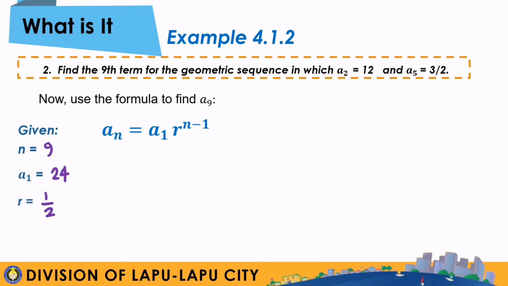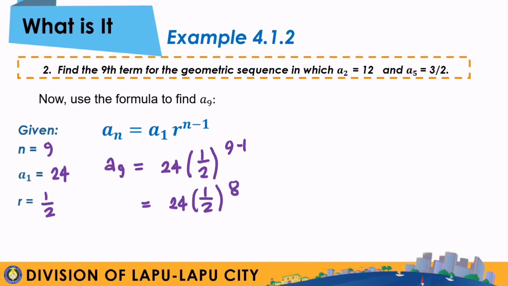Okay, so here's our formula. Let's substitute the values. Now, to solve for the ninth term, that is our first term 24, our r is 1/2, and then n is 9 minus 1. That is 24 times 1/2 to the exponent 8. You copy 24.